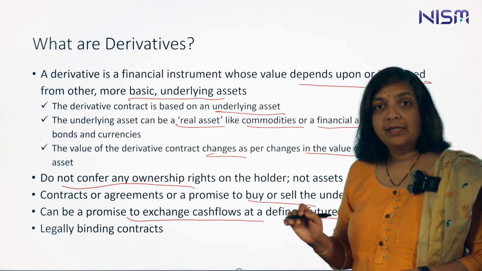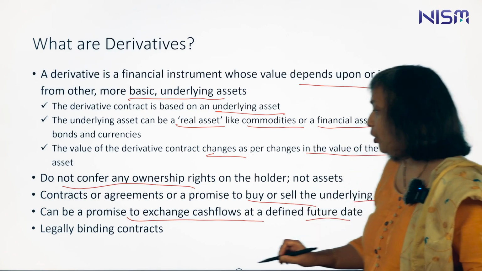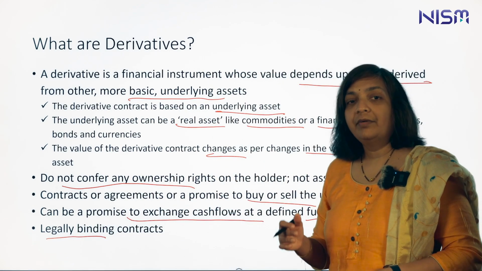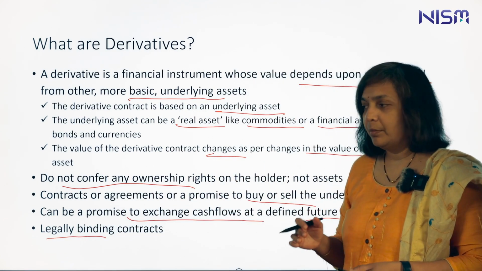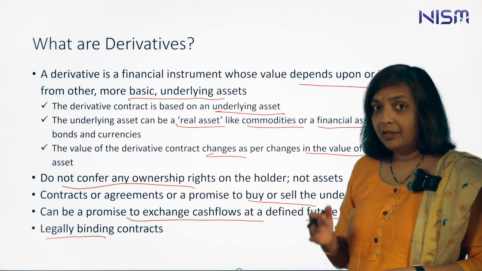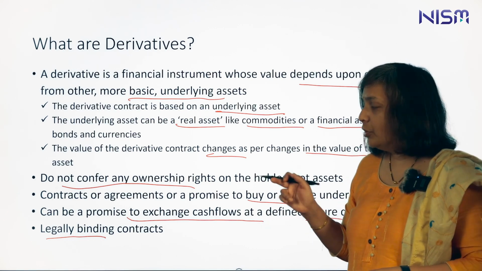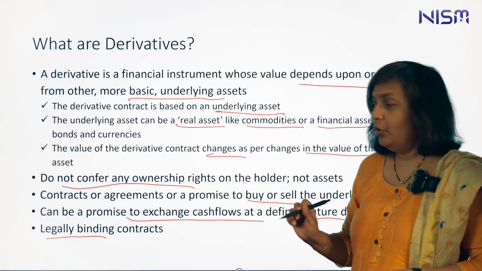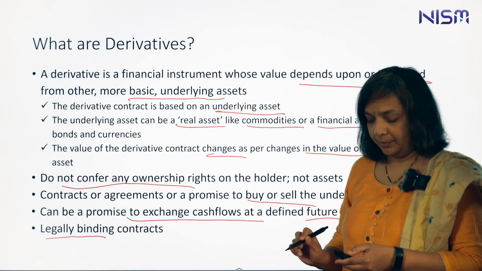The important thing is that these are legally binding contracts. What do we mean by legally binding contracts? Suppose I have entered into a derivative contract on some underlying asset, okay? And suppose the party with which I have entered the contract defaults on their obligations, then I can sue the party in a court of law. So, it is a legally binding contract.